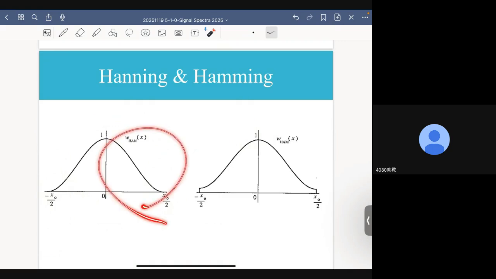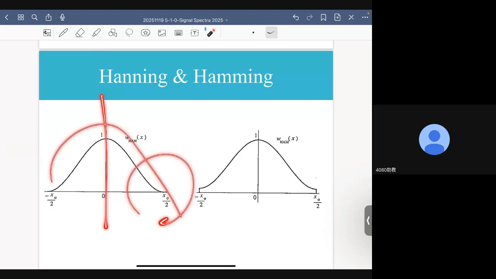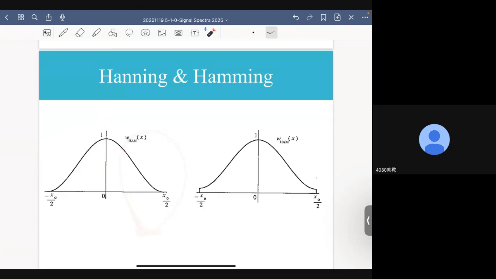But because we do not multiply by a constant, there will be some distortion. To compensate for those distortions, especially the further away from the center of this window function, the larger the distortion, we use overlapping windows. All right, we use overlapping windows.